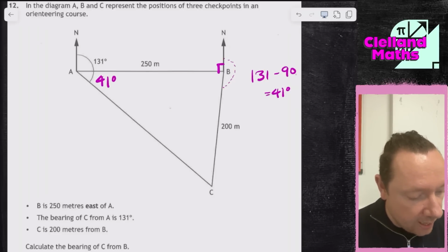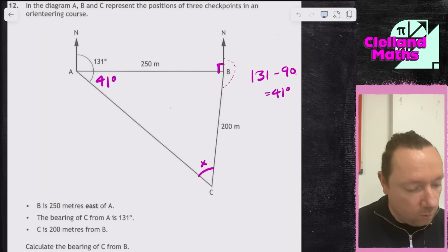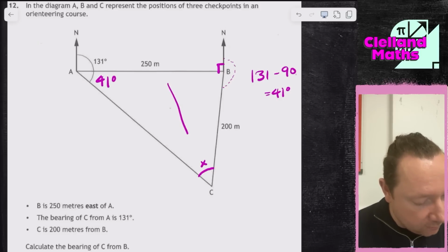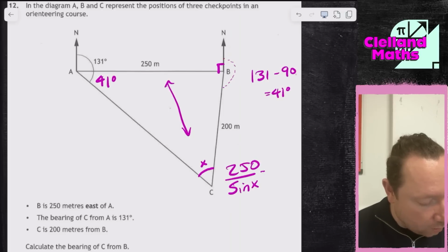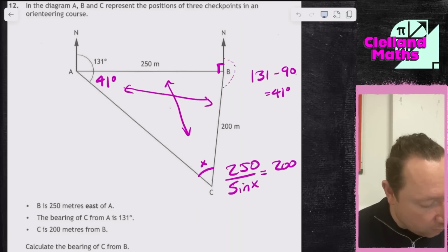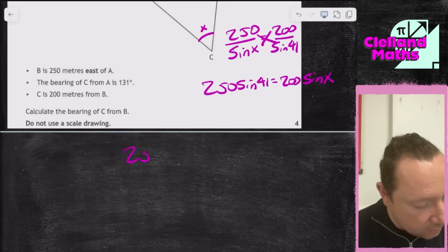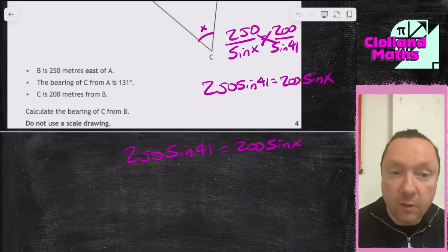So let me just mark the angle I'm focusing on. I'm marking this one. I'll just call that X. So we have got 250 goes with that one. 250 over sine X equals 200 goes with this one, 200 over sine 41. So we rearrange that: that times that. 250 sine 41 equals 200 sine X. Divide by the number in front of sine.